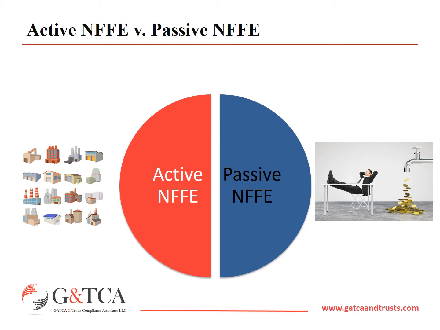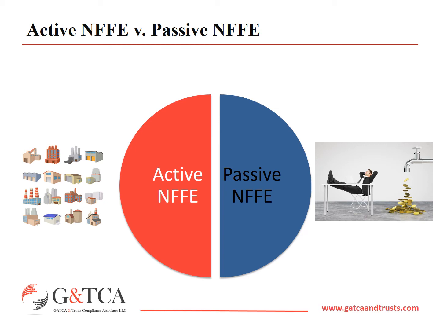But for now, if you think of an active NFFE as something that's active and has an operating business, then you should think of a passive NFFE as something that's earning passive income. In other words, income on portfolio assets.